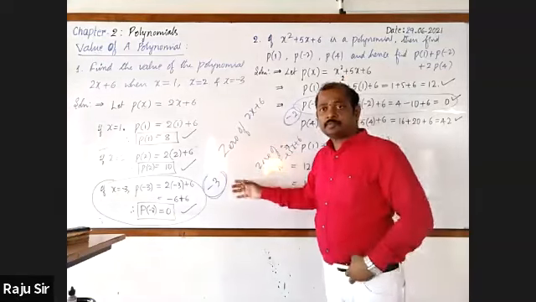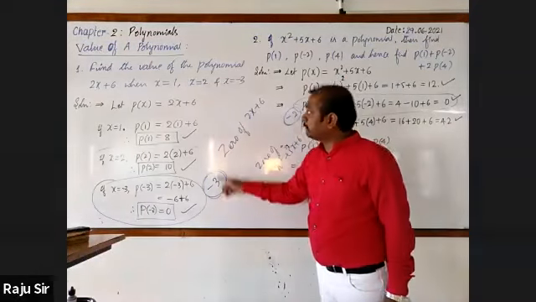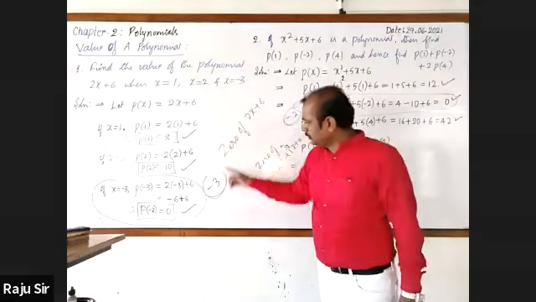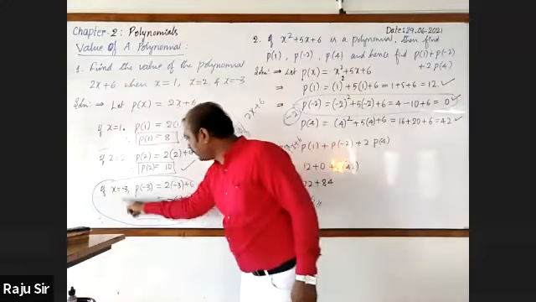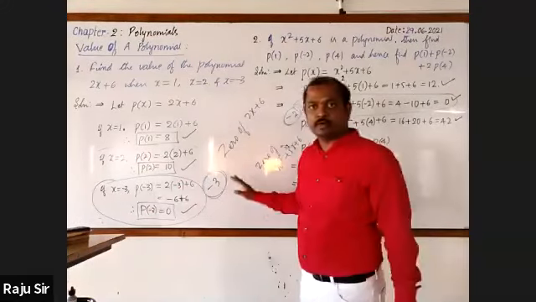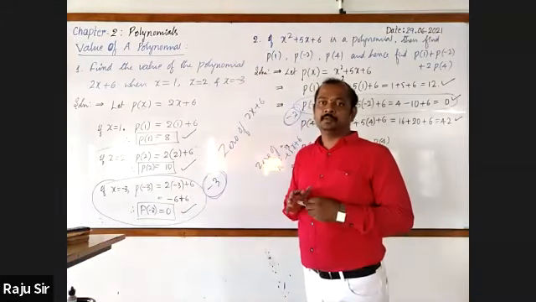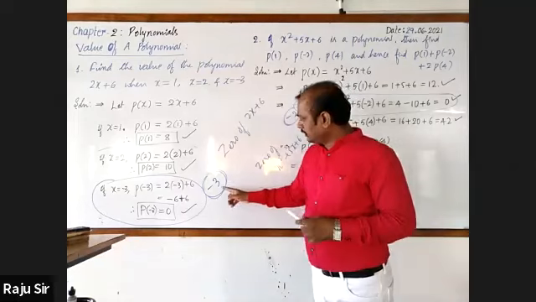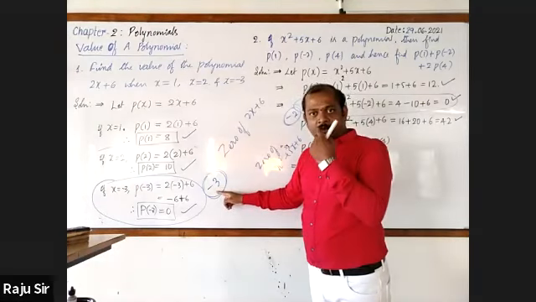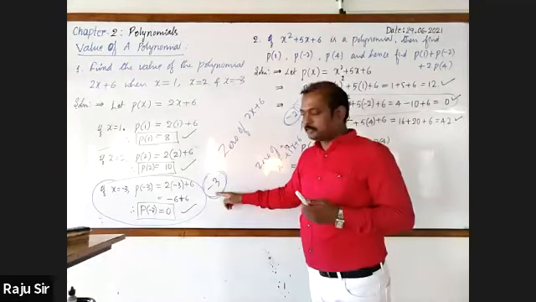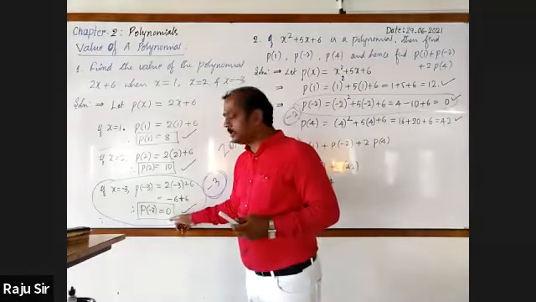Here, the value of the variable involved in the polynomial, which makes the value of polynomial as 0, is called 0 of that particular polynomial. Here, the value of the variable minus 3 has made the value of polynomial 0.